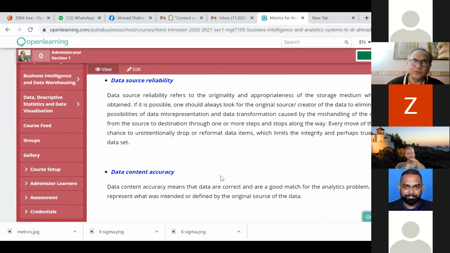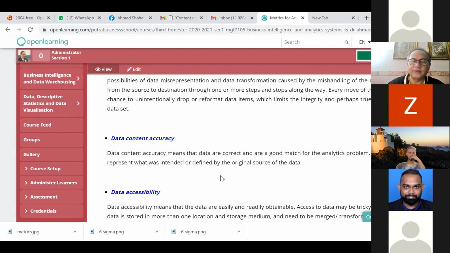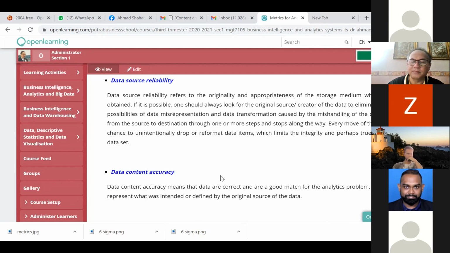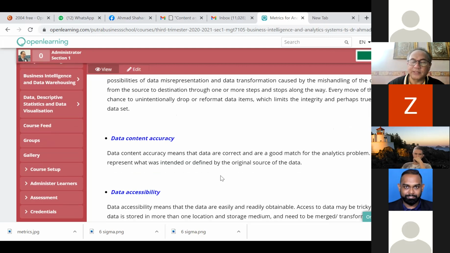So there are data that require you to do the analytics. So it needs to be the right match, as intended or defined by the original source of the data. We look into the original source, and it is accurate based on that, and then you look into the content, and what is the purpose of the analytics.